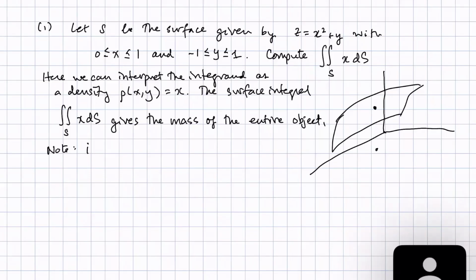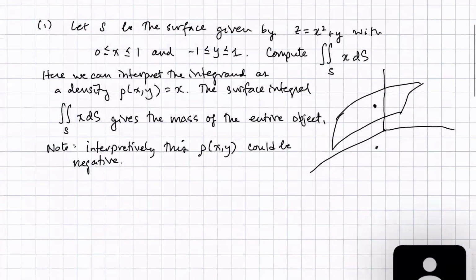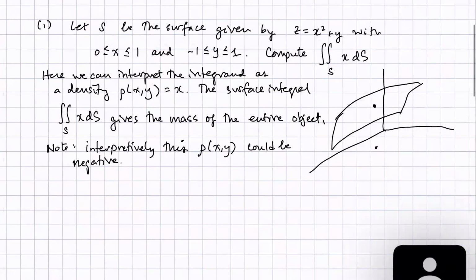Just interpretively, this rho of x, y could be negative sometimes, just theoretically. Just like area could be negative, so can density. So in this case, what you're going to be computing is the net mass. Now let's figure out how to do this.